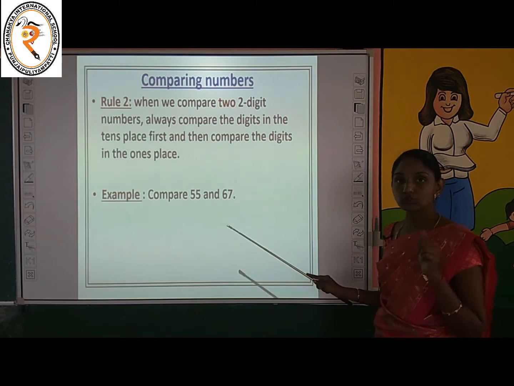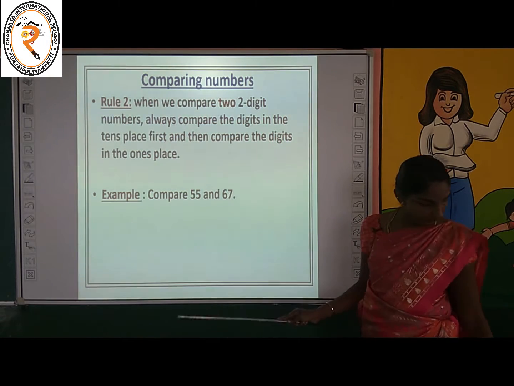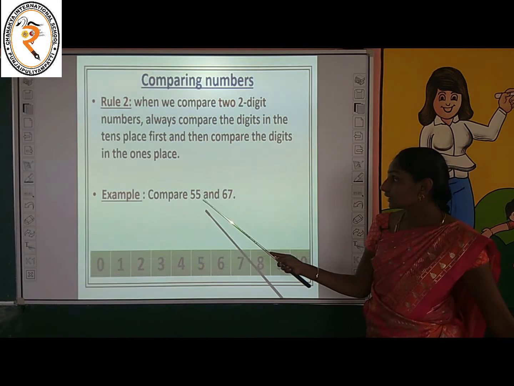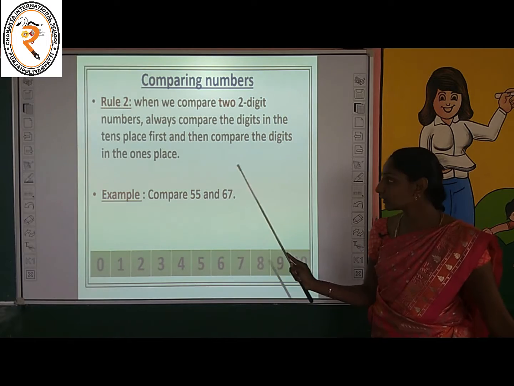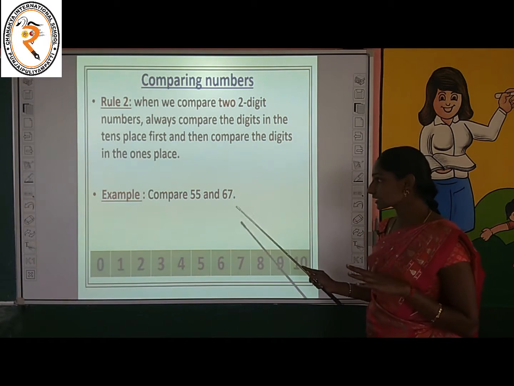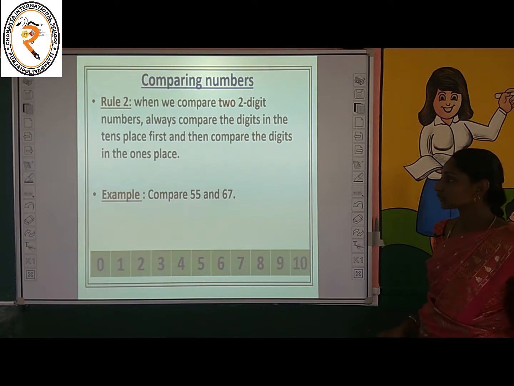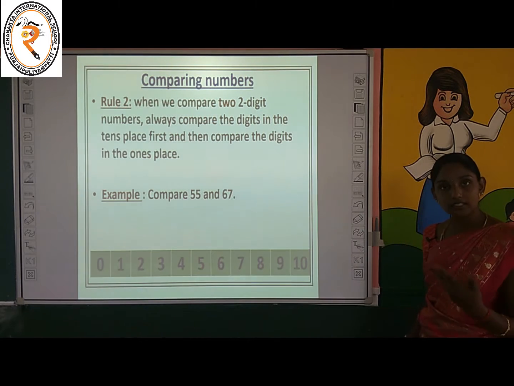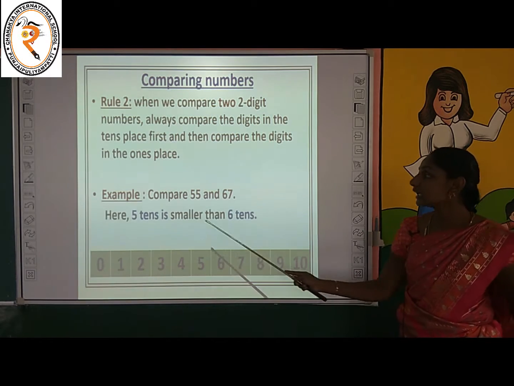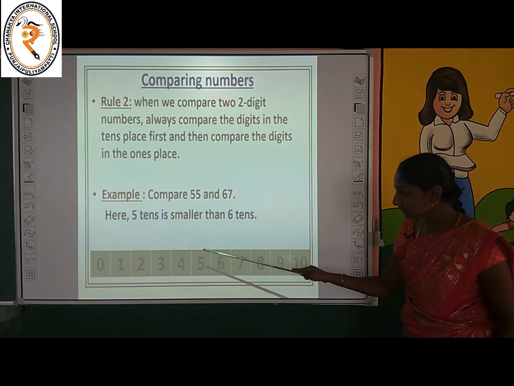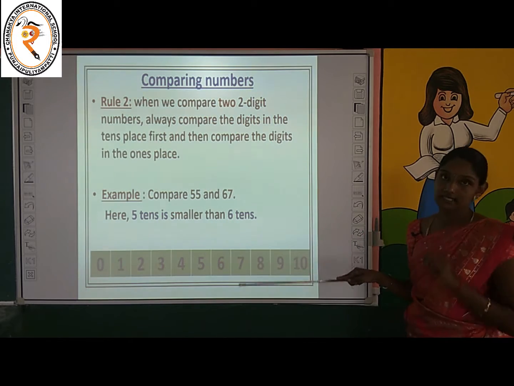In 67, what is the number in the tens place? 6. Now we are going to compare 5 tens and 6 tens. Is 5 tens greater than 6 tens or smaller? You can use this number strip to compare 5 and 6. Yes, 5 tens is smaller than 6 tens because it comes before 6.